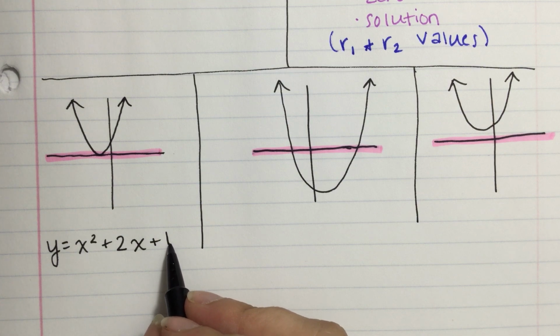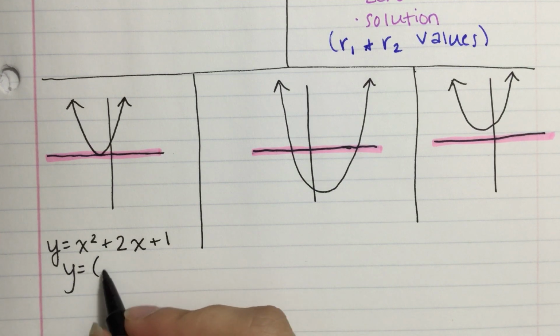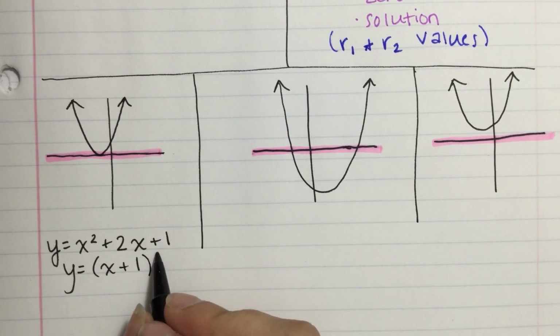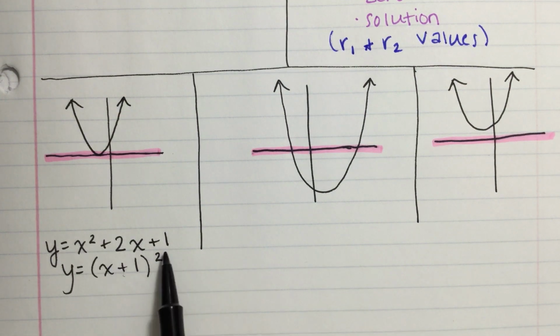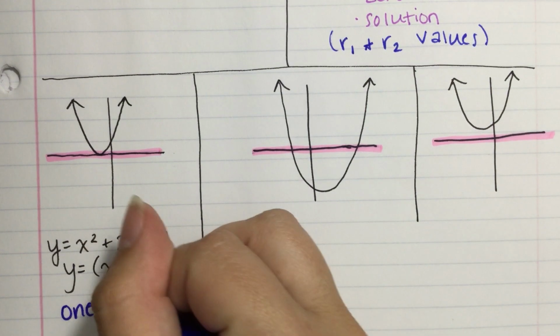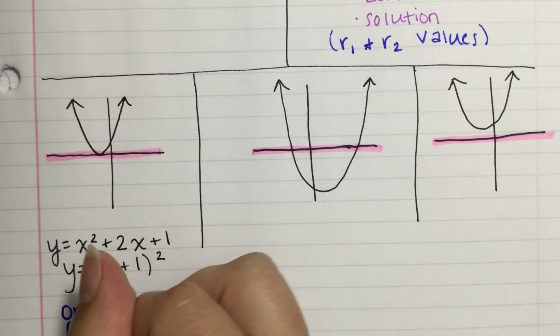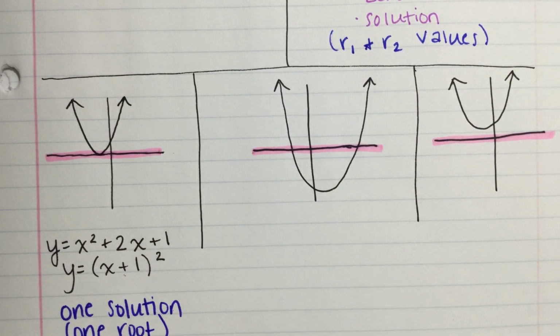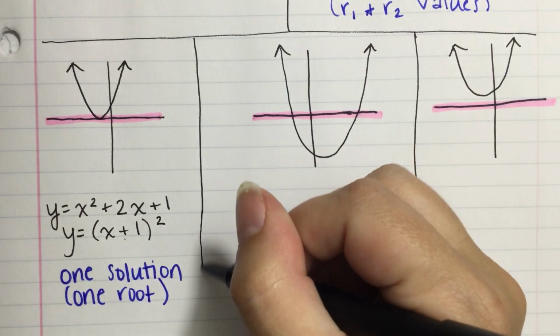It's 1 and 1, and 1 plus 1 is 2, so we could rewrite this as y equals x plus 1 squared. In this case, we have one root, and our y-intercept is 1. Okay, so what you would be able to gather from this is we have one solution. Okay, or in other words, one root.